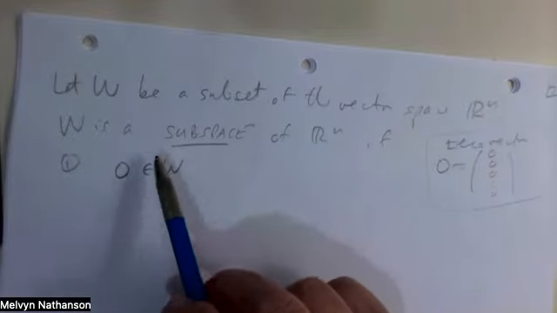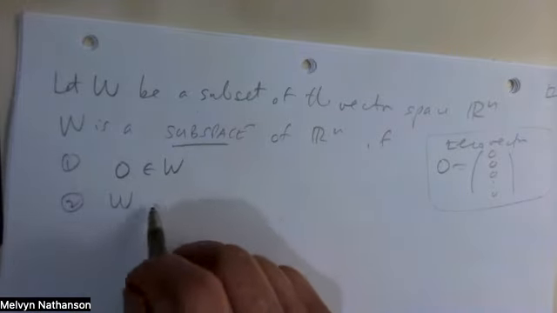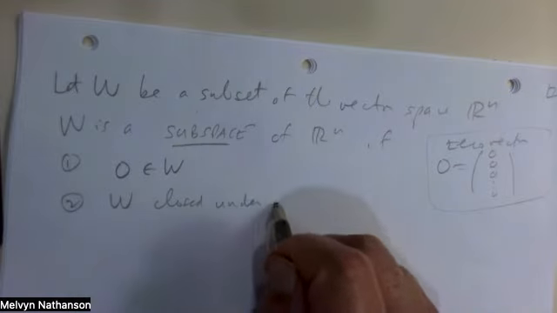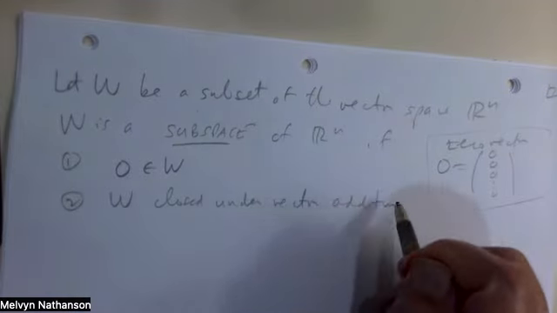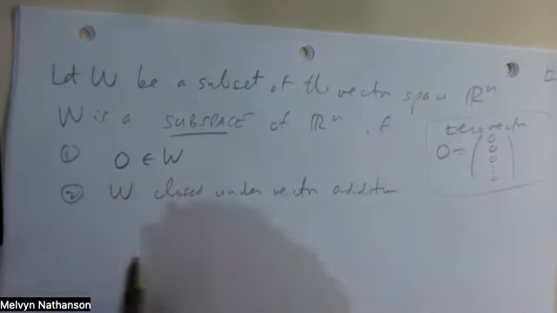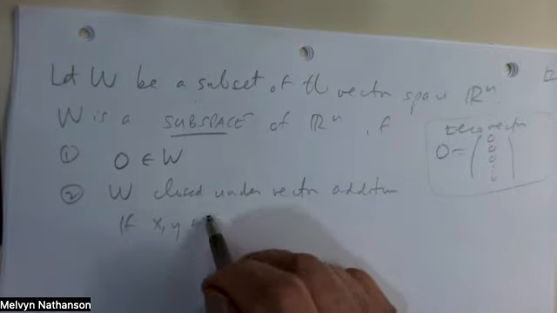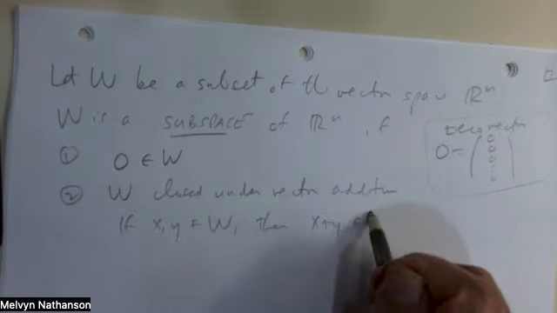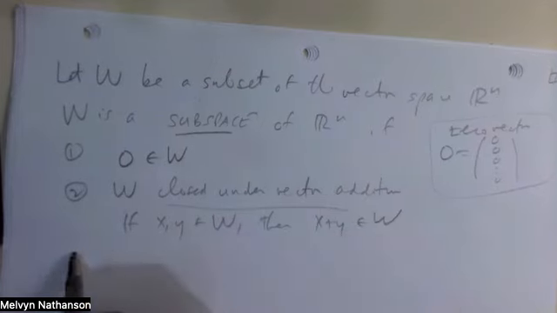So a subspace must contain the zero vector. Second, W has to be closed under vector addition. This means that if x and y are two vectors in W, then x plus y is in W. That's what closed under vector addition means.